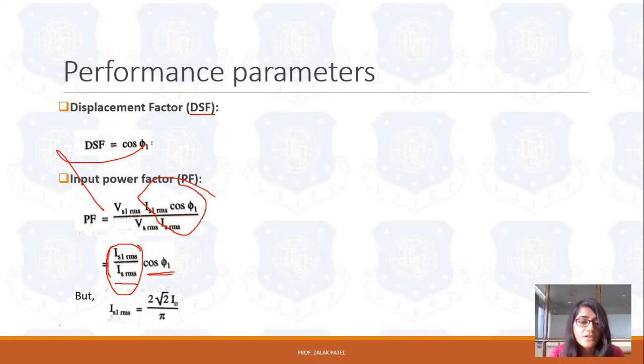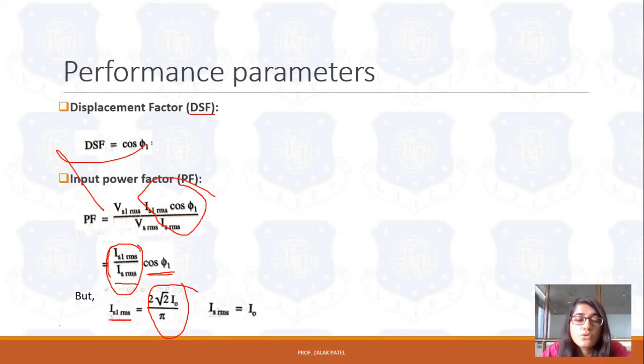First of all, IS1 RMS is given by 2 root 2 I0 upon pi, and IS RMS is given by I0. These two values of IS1 RMS and IS RMS are taken from the Fourier series equation of this current.